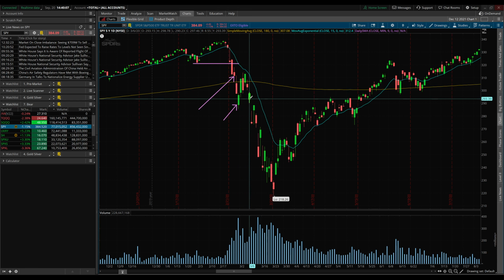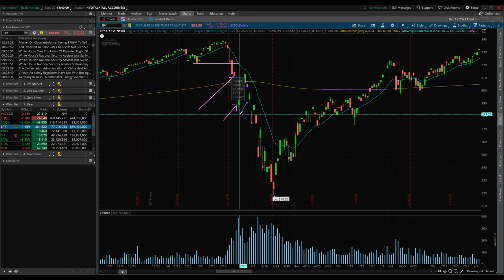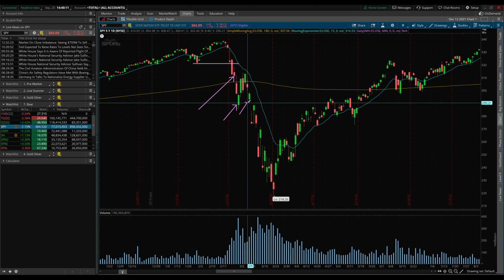And once this candle happened right here, it could be another time to add to the position, but for sure, this candle right here, anytime during this day, would have been an extremely good time to add to your short position.